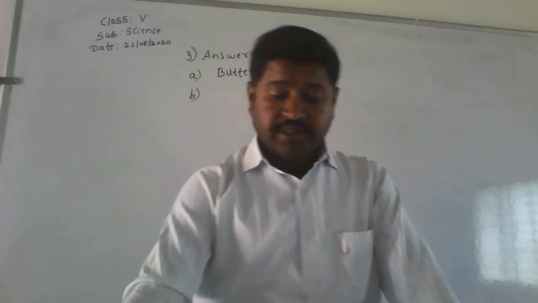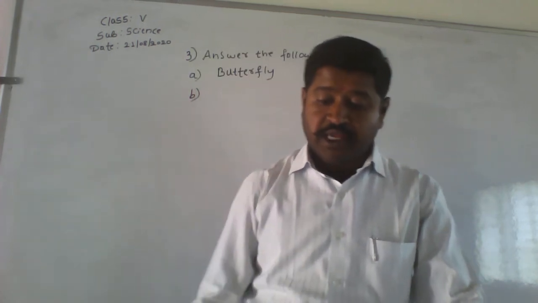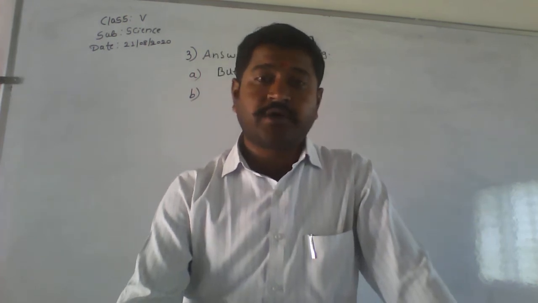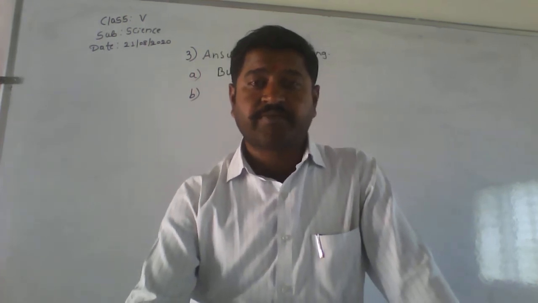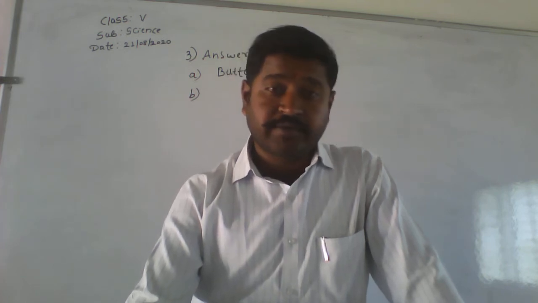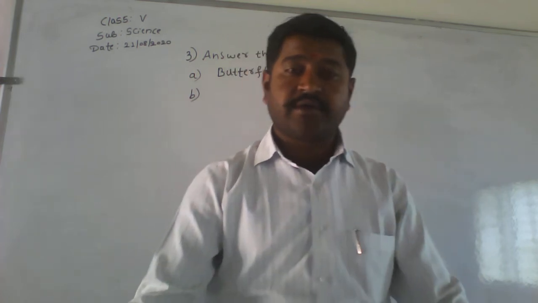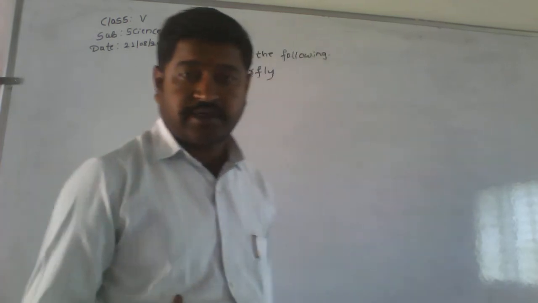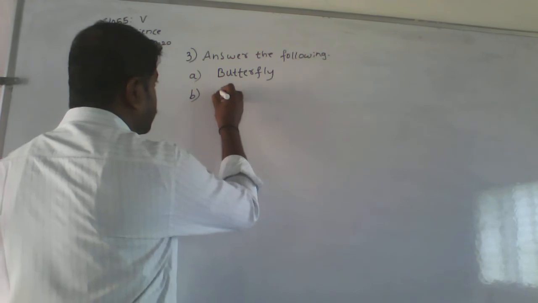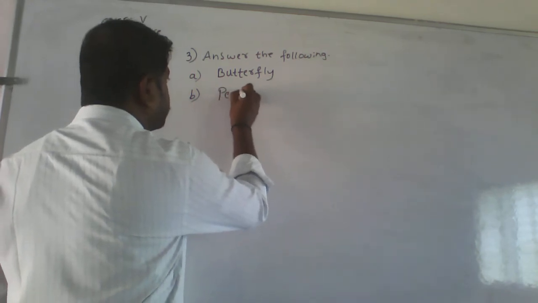Then the second one in this question number 3, name the bird that cannot fly. Ostrich, right, and penguin. So you can write any one. They are given 3 names in the textbook. Say for example, we take penguin.